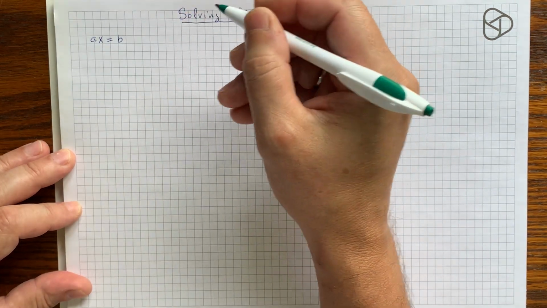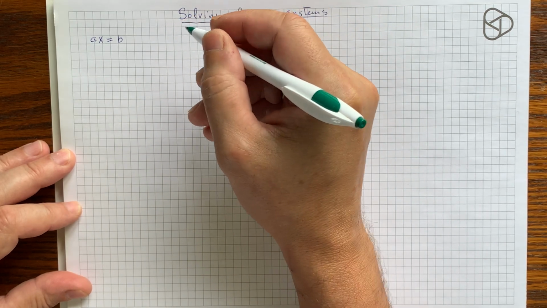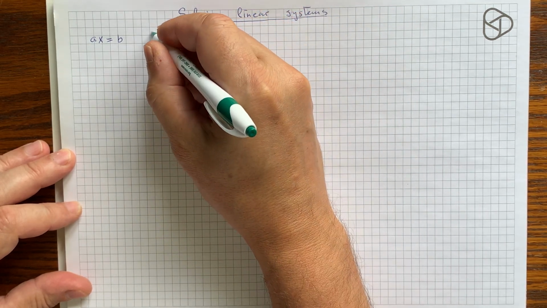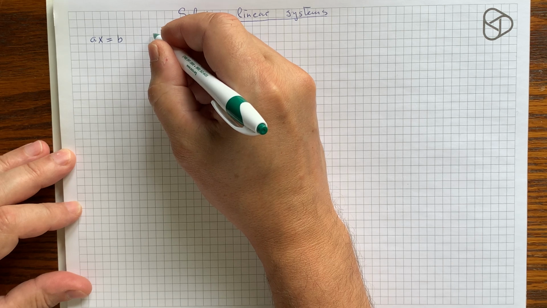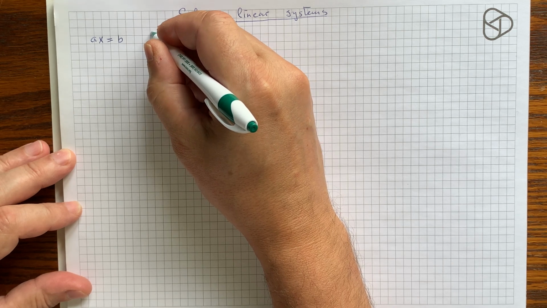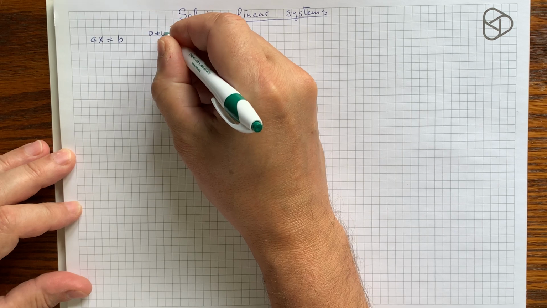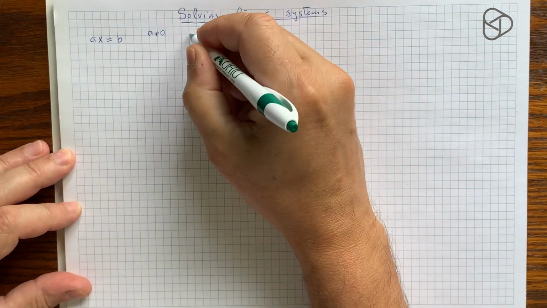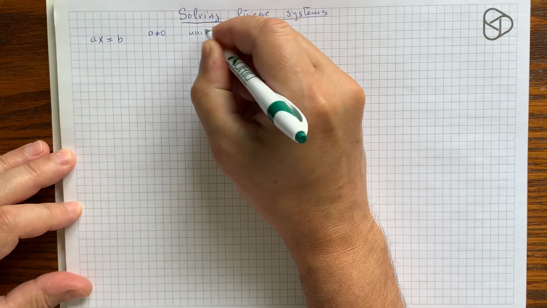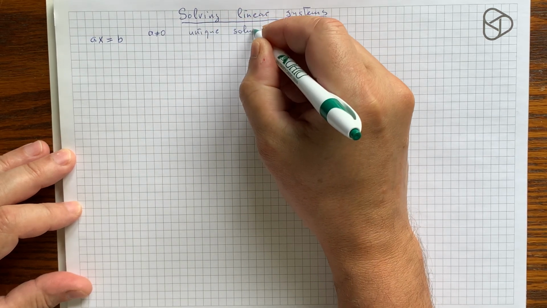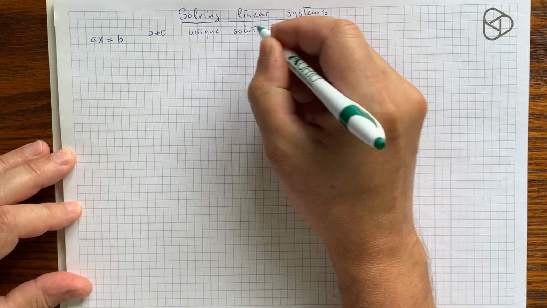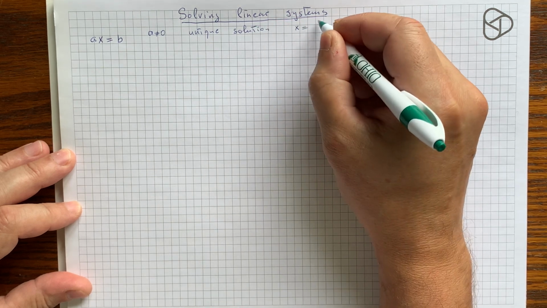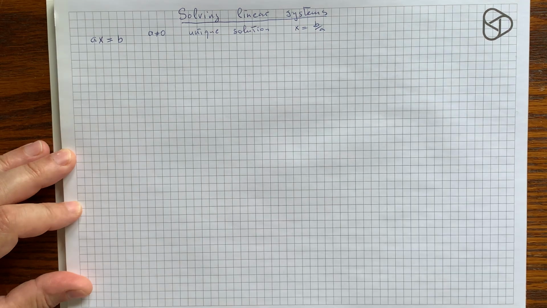And yeah, they're kind of straightforward and we don't talk about them, but they really show very well what happens in general. So if A is non-zero, we will have a unique solution. Namely, X will be the ratio of B and A.